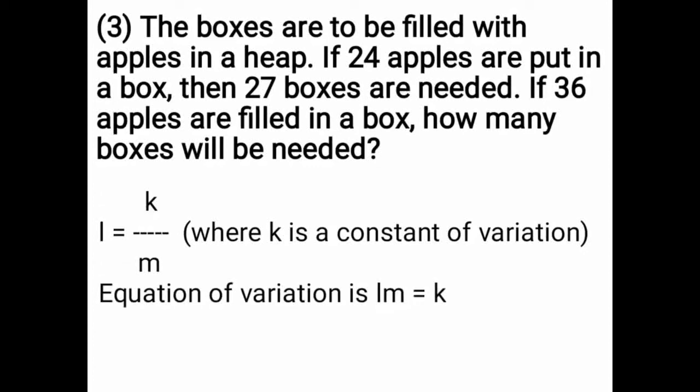Equation of variation is LM is equal to K. When you are finding the constant of variation, you have to do cross multiplication. L is equal to 24, M is equal to 27. Number of apples, I have taken as the letter L. Number of boxes needed, I have taken as the letter M.